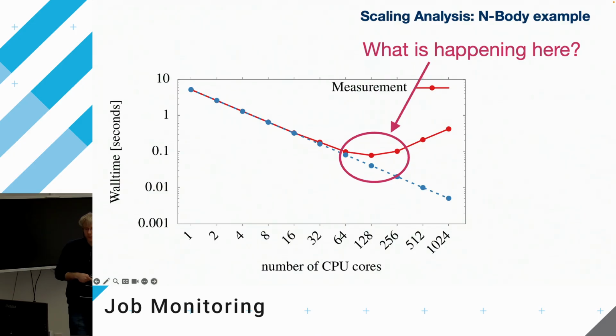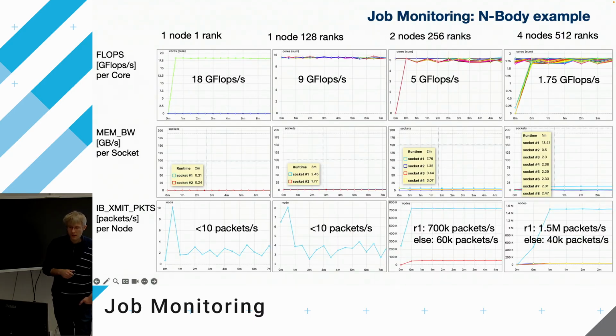Now let's get back to our n-body example from the last section. So what is happening at this place in our scaling analysis? What we can do is compare the metrics. Here we see a grid of these metrics.